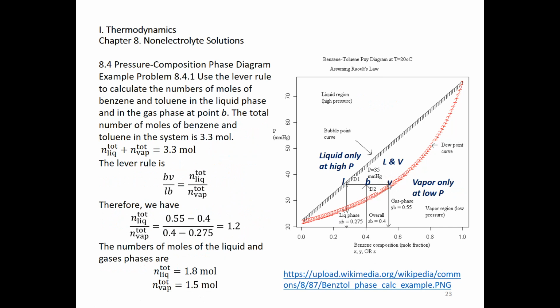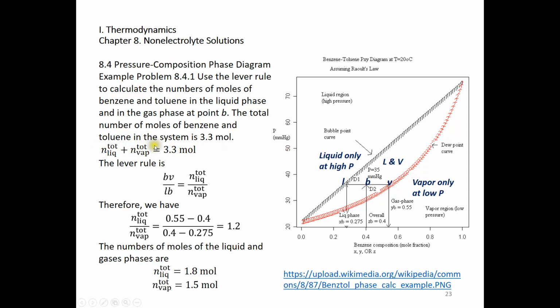Now let's look at one numerical example problem, 8.4.1, of using the lever rule. Let's say we have a pressure composition phase diagram of benzene and toluene, and we know the total number of moles of benzene and toluene is 3.3 moles. So we have this equation, the number of moles of liquid benzene plus liquid toluene, and then this is the total number of moles of benzene vapor plus toluene vapor.